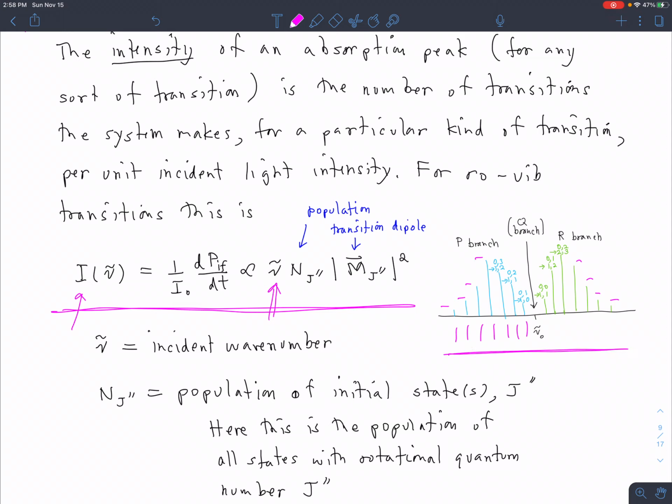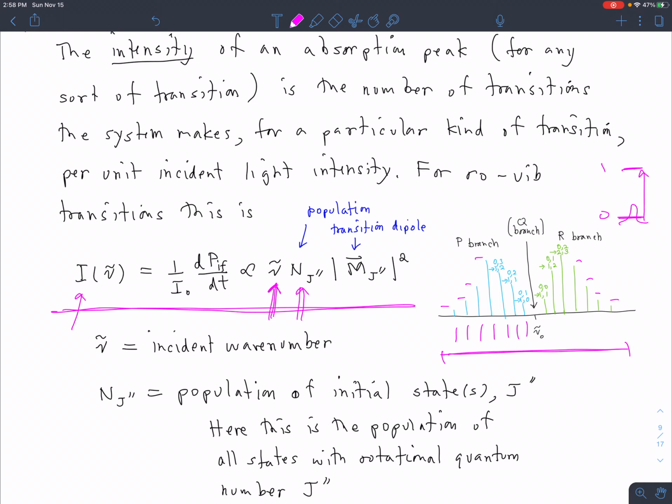There isn't a very big range of wave numbers from here to here, so this doesn't do much. But there is a number that controls the population of each initial state. If I have a transition from an initial state to an upper state, the population in this ground state controls how intense the transition is.